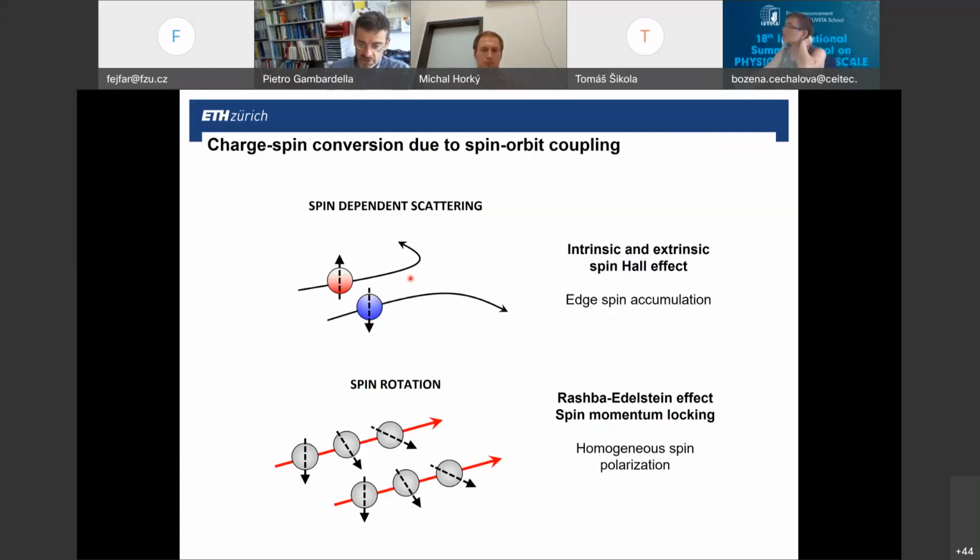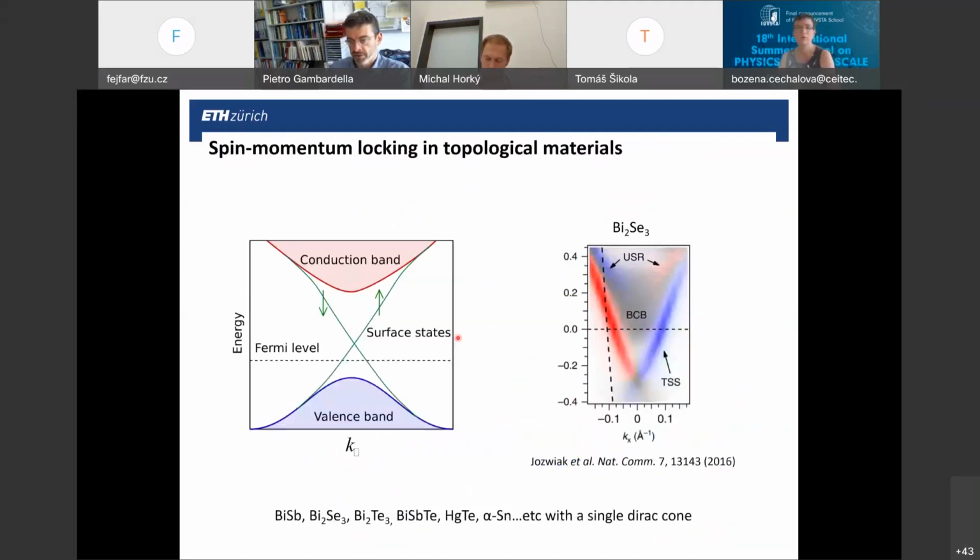And this is a relativistic effect that generates the accumulation of spins on the sides of a conductor. So on this side you will have predominantly up spins, on this other side you will have predominantly down spins. And yeah, I can show how this works here.